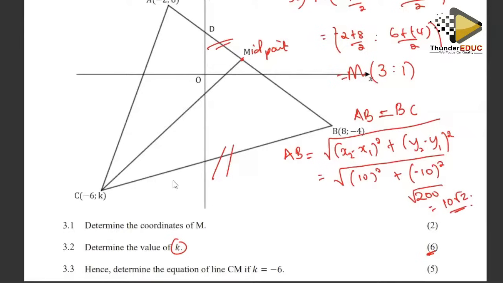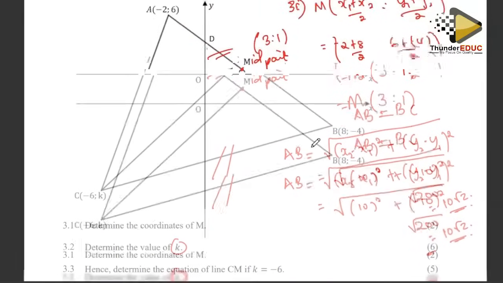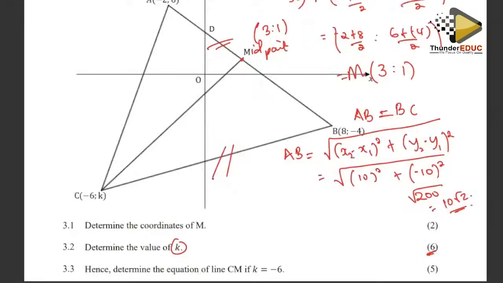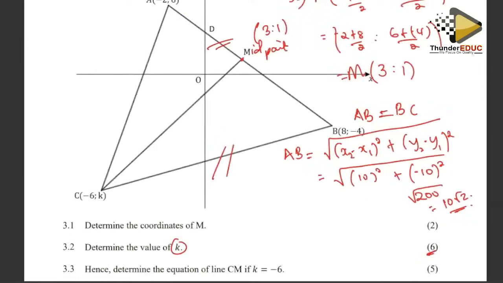Then we're going to equate this to the distance, since we already have our coordinates as (3, 1). Let me write it on this other side. M is (3, 1), and this point is C, (-6, K). We're not focusing on MC, we're focusing on BC.